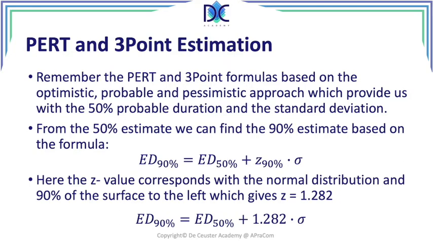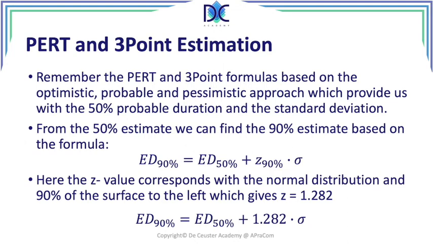So this could be a way we can use, and we find a more unbiased approach to the identification of this value. This was an alternative way to find the expected duration at 90%. So we have the 90% and we have the 50%.